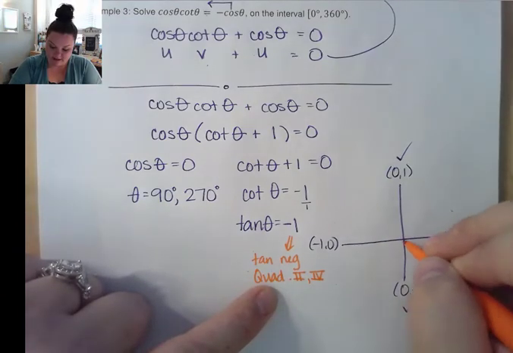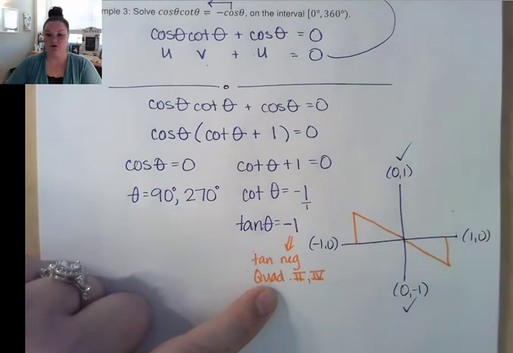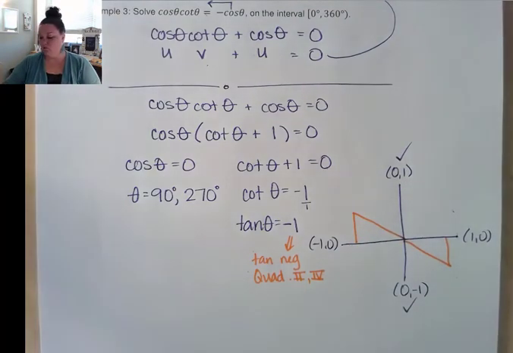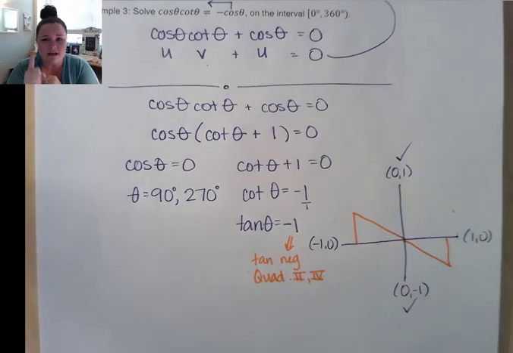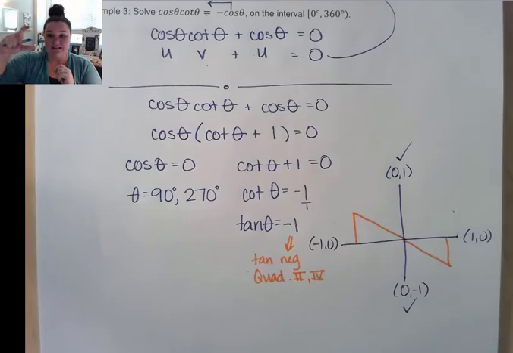That means I have an angle down here that should work, and I have an angle up here that should work. So I just have to figure out what reference triangle I'm talking about. Now, most of the time when we do tangent, we get wonky numbers, because we're taking a fraction and dividing it by a fraction. There's only one reference triangle that has the same sine and cosine values, so that when I divide them, I get a 1 or a negative 1.